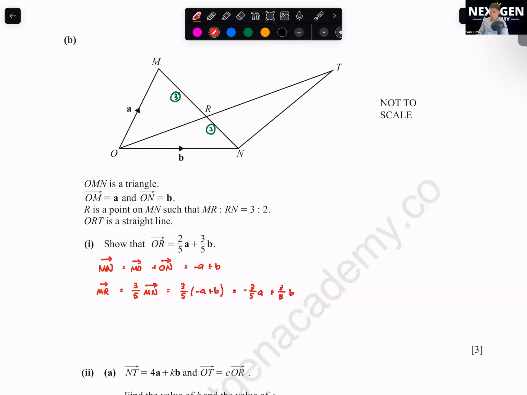Okay, then what's the final one? I want to find OR. OR, I will use OM plus MR. OM is A, and minus 3/5A plus 3/5B. You will get here 2/5A plus 3/5B. Three-mark question.